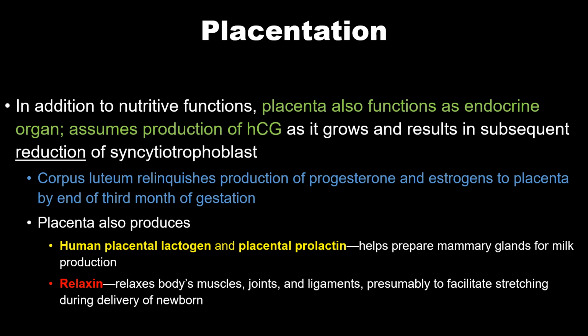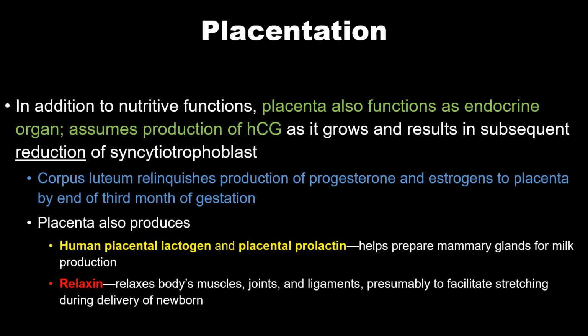And now, in addition to its nutritive functions, the placenta also functions as an endocrine organ, where the placenta assumes production of HCG, and as it grows, it results in the subsequent reduction of the syncytiotrophoblast. In addition, the corpus luteum will relinquish production of progesterone and estrogens, and the placenta will take that role up.